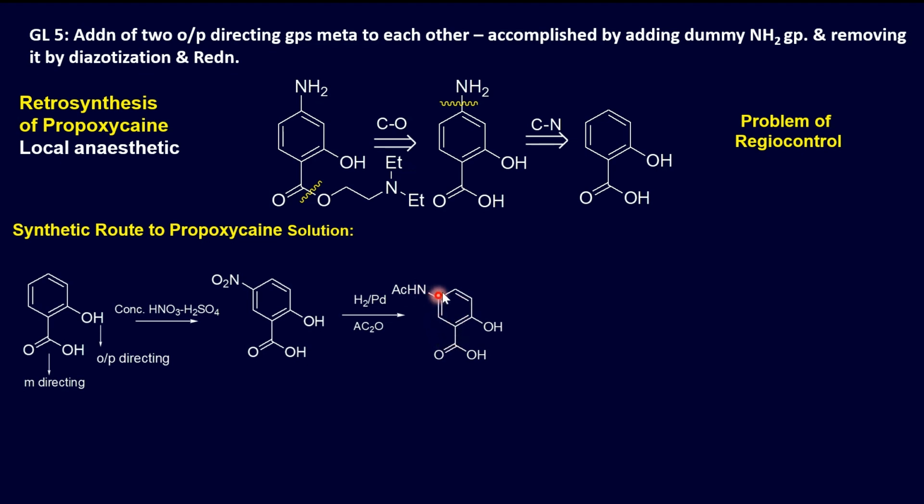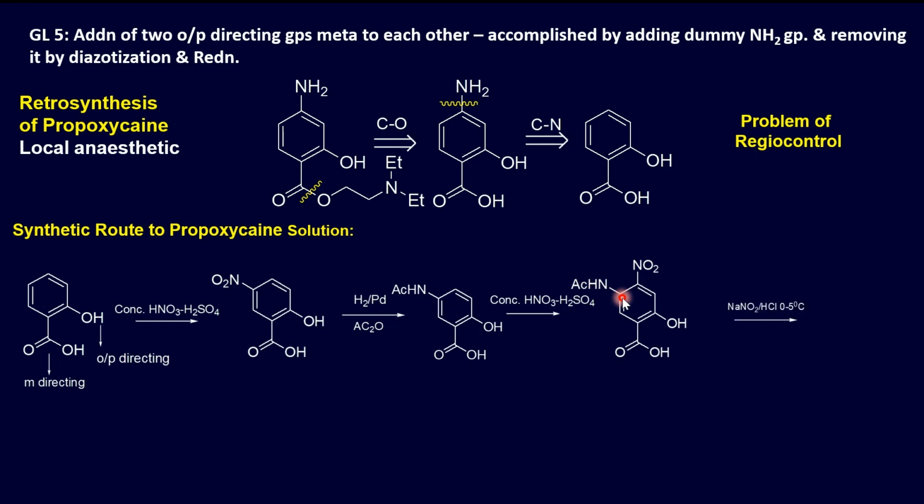Now, the ortho to this NHAc is this position, and para position is already occupied by OH. In the presence of this NHAc, I'll carry out nitration. The nitration occurs at the ortho position to the NHAc.